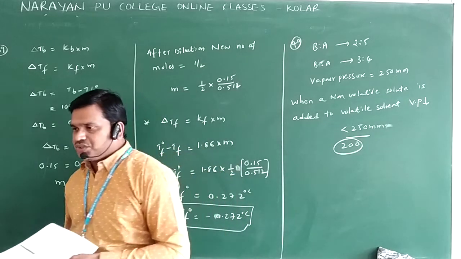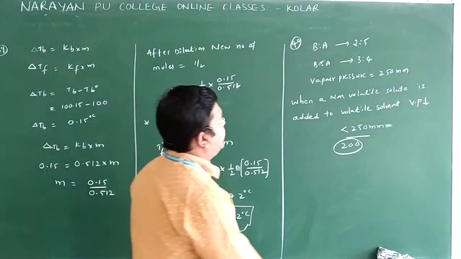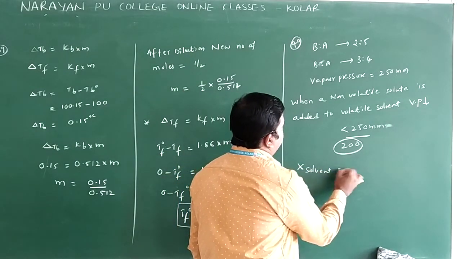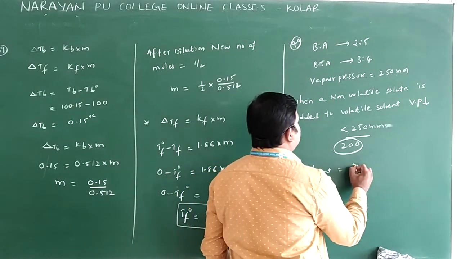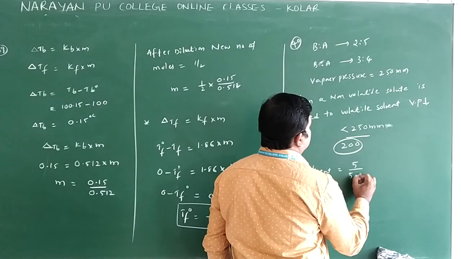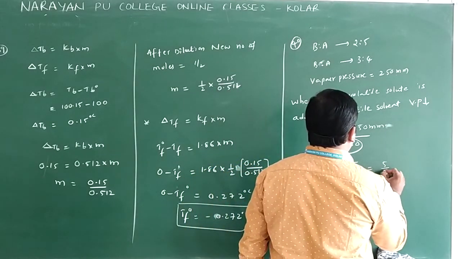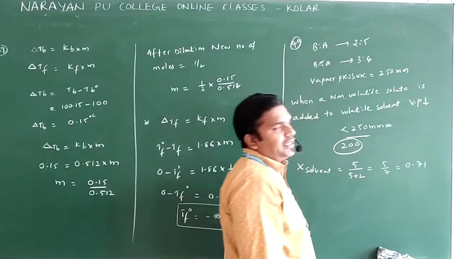So how are we finding it here? Mole fraction of the solvent in the first case: this is solute, this is solvent. Then you will get 5 by 5 plus 2, which is 5 by 7, so 0.71 only.